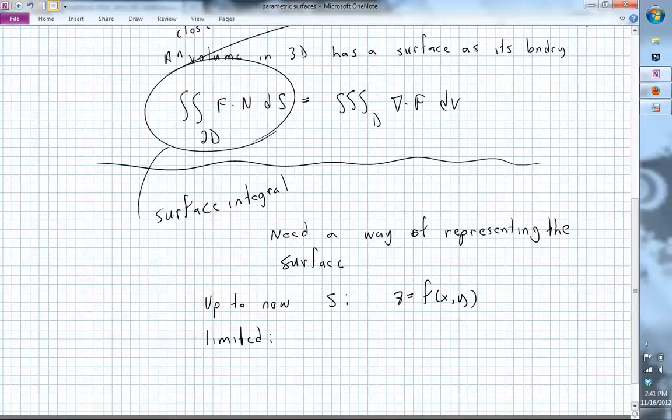So what we're going to do is develop a notation and a way of dealing with surfaces that removes this limitation. We're going to use what are called parametric representations.